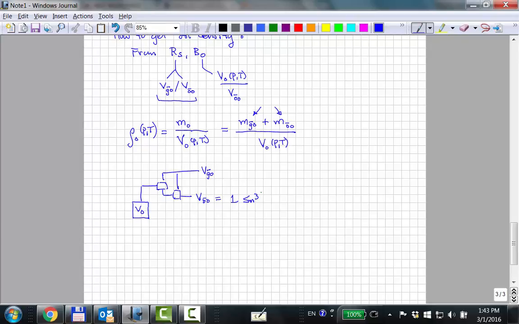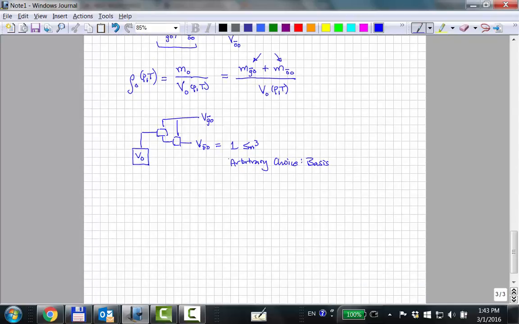This is an arbitrary choice. It's what we call a basis for the calculation. I could have chosen 1,000 standard cubic meters of that. I could have chosen 328, or any number I like. Or I could have said I've got 1 cubic meter of the initial volume. I can pick anything arbitrarily. But I'm just going to say I've got 1 of these.